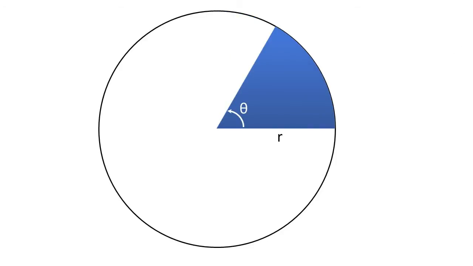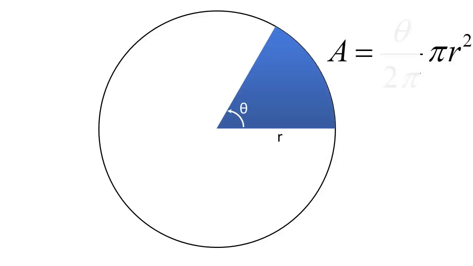So what if we don't know? What if it's theta? What if we don't know what the angle is? Well, we're still going to take that pi r squared, only we're going to think of the fractional part. The top part of the fraction is going to be theta, some unknown angle, and we're going to do it in radians. So theta out of, what would the whole circle be?